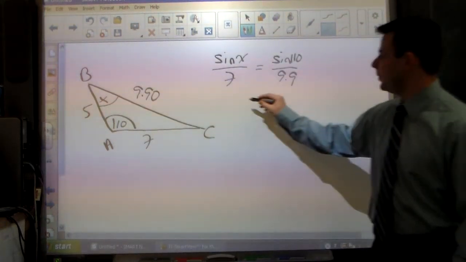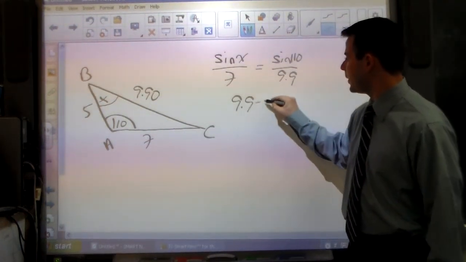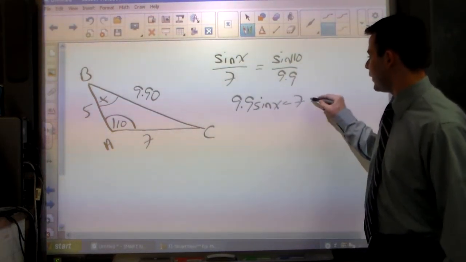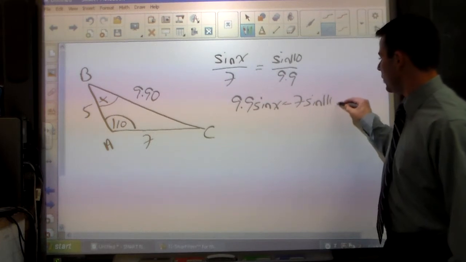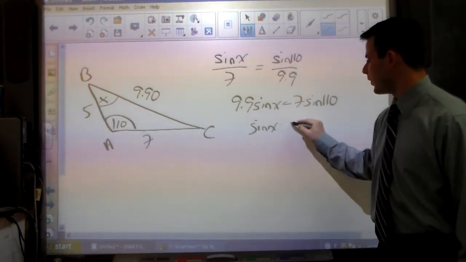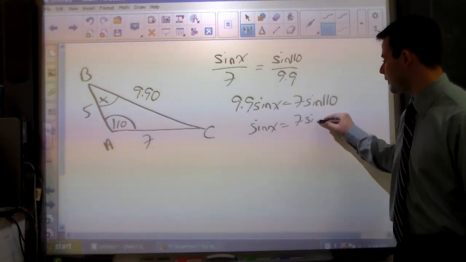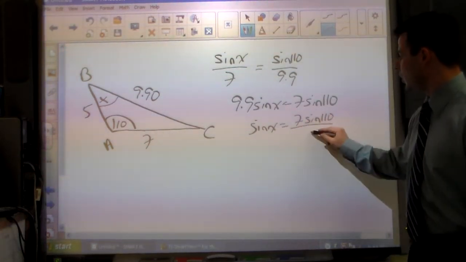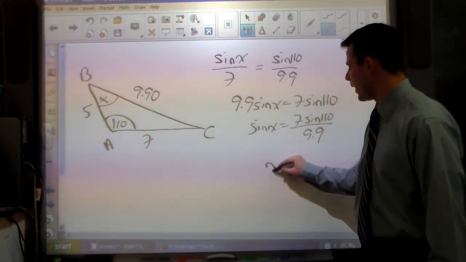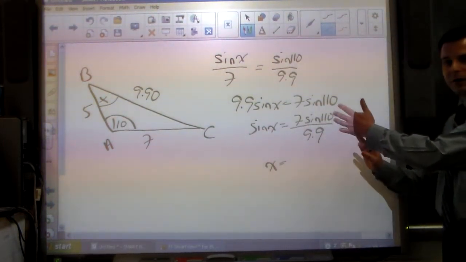Now let's cross multiply. 9.9 times the sine of X equals 7 sine 110. Let's divide by 9.9. Sine of X equals 7 sine 110 over 9.9. So X equals the inverse sine of this whole thing.